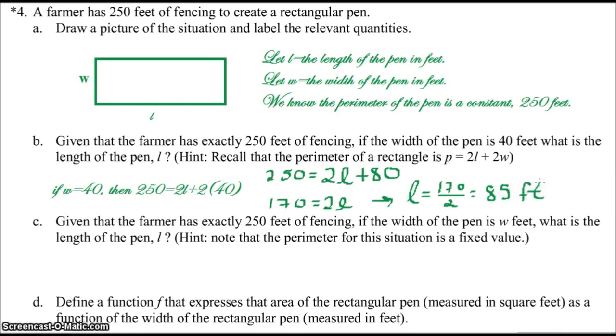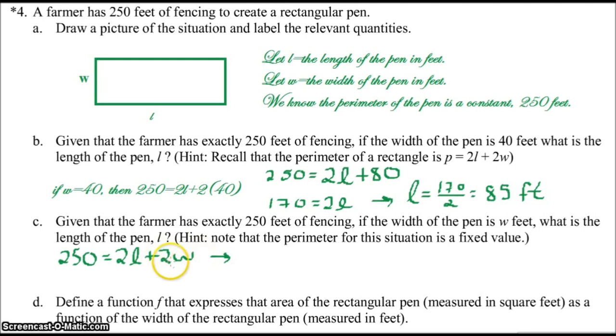Part C, given that the farmer has exactly 250 feet of fencing, if the width of the pen is W feet, what is the length of the pen L? So let's just go back to our formula. We know 250, that's our perimeter, equals 2 times the length plus 2 times the width. In the last problem, we had a particular value for the width, and we plugged it in and solved our equation, subtracting 80 and dividing by 2. But we can pretty much mimic the same process with our variables.